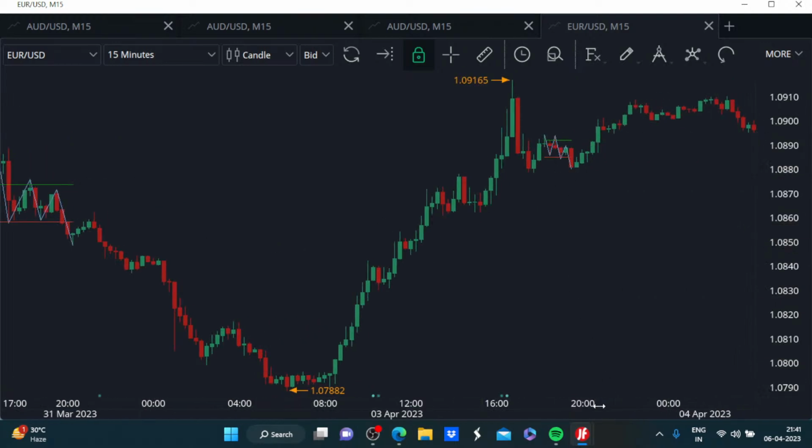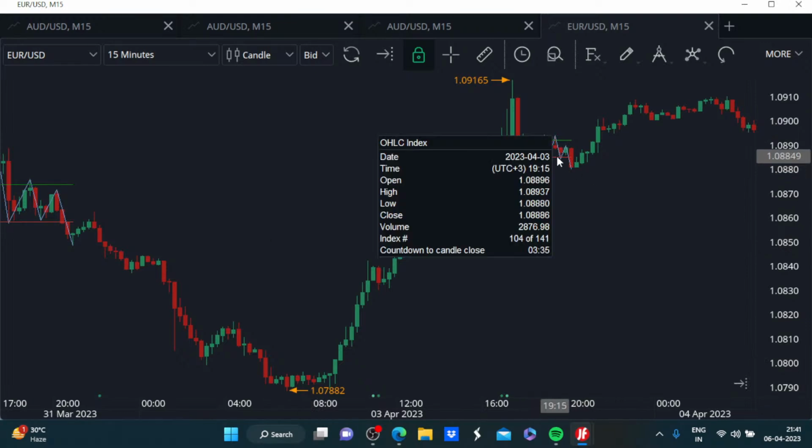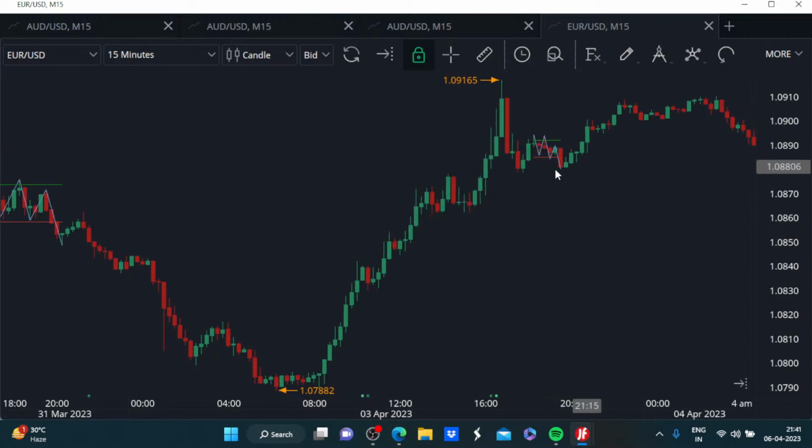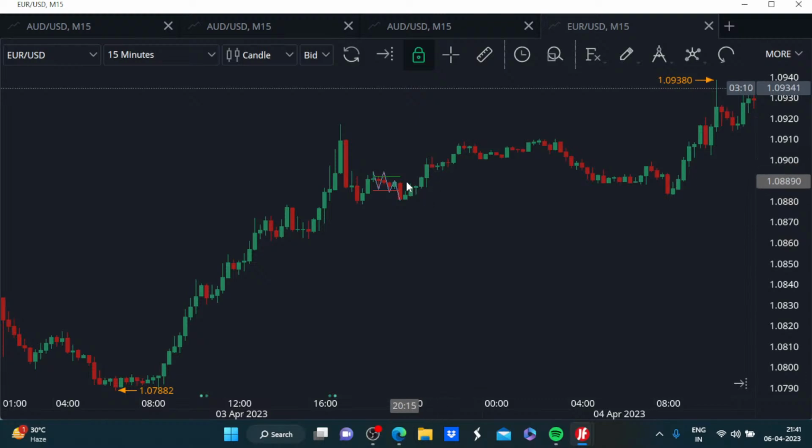This short duration inverse rectangle formation would not have given you a profitable trade, and in this case the stop loss would have been fairly sharp, as this happened during the night hours during the low volatility time. So here there was not much of a movement on either side, so the stop loss would have been short, and unfortunately in this case the stop loss would have been hit.